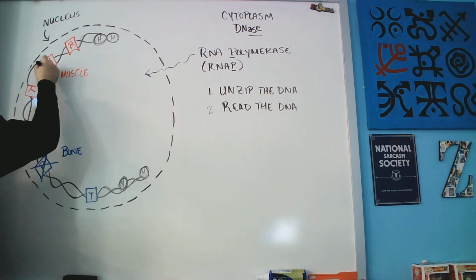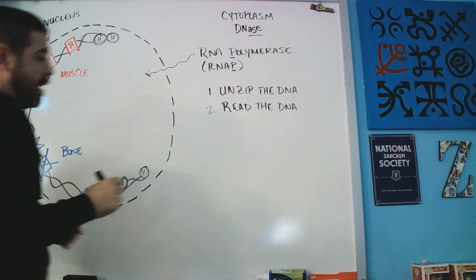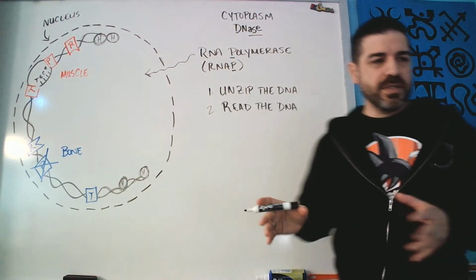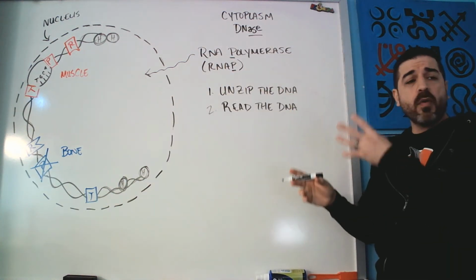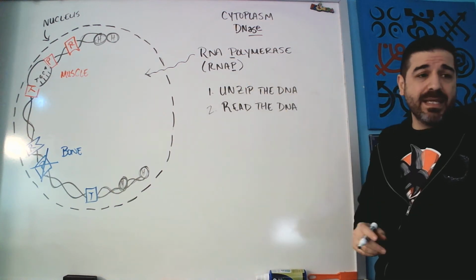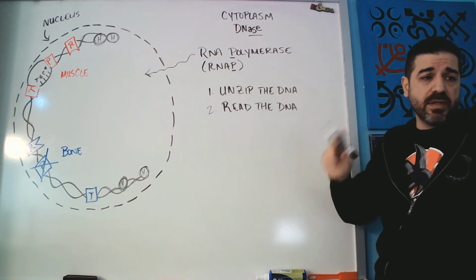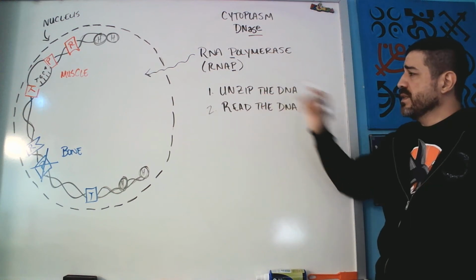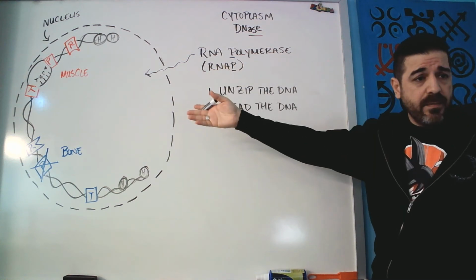And maybe we have an A and a C and a G and a T. Now, granted, we're going to have a lot more nitrogen base pairs here than just 4, but I wanted to make sure we included at least all 4 of the ones that are unique to DNA. All right, so we have our A, our C, our G, our T, our nitrogen bases. We've unzipped the DNA, we've read them, we've identified them, right?